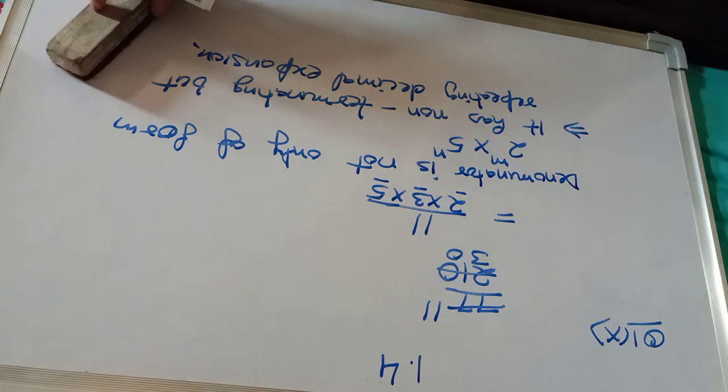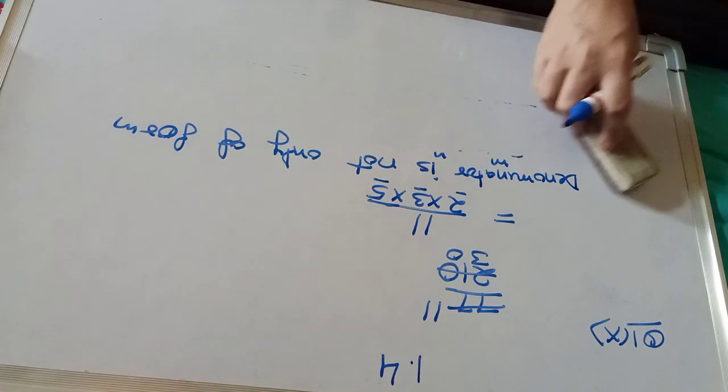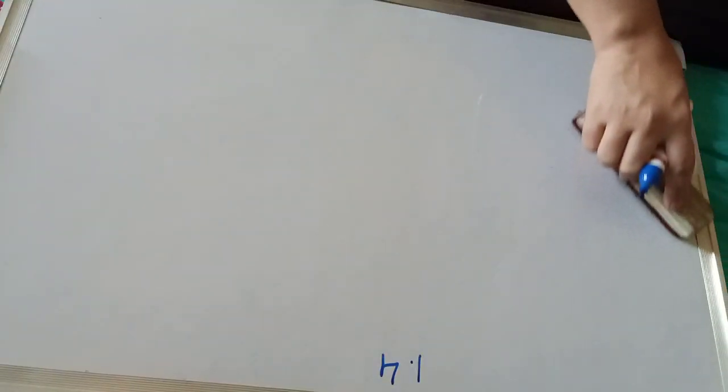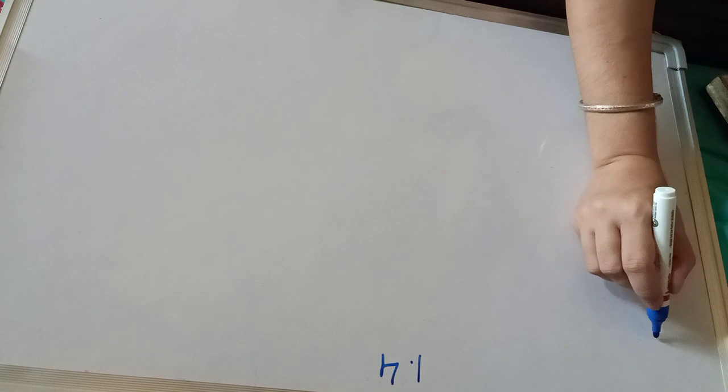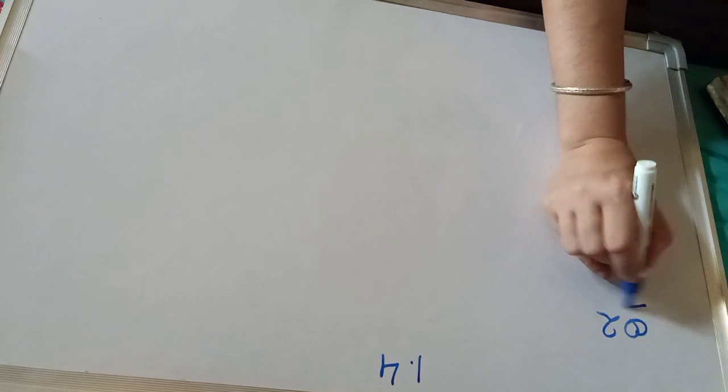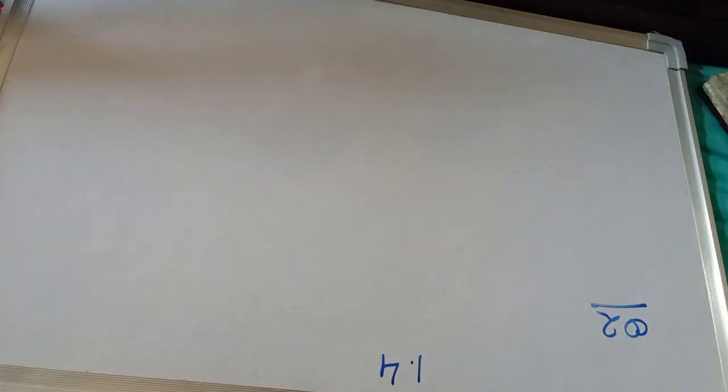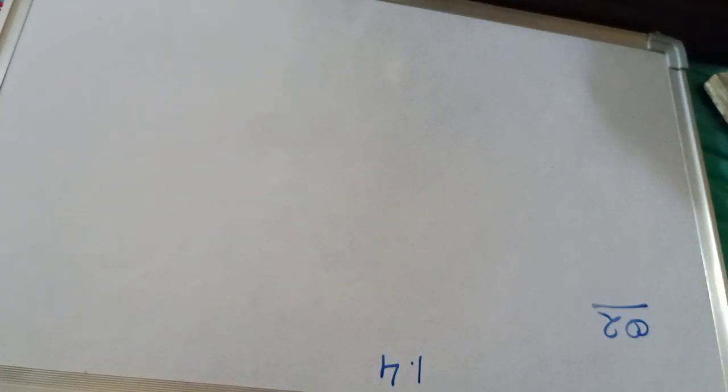So with this our question number 1 is over. Let us start with question number 2. What you need to find out basically in question number 2 is just what you have done in question number 1.